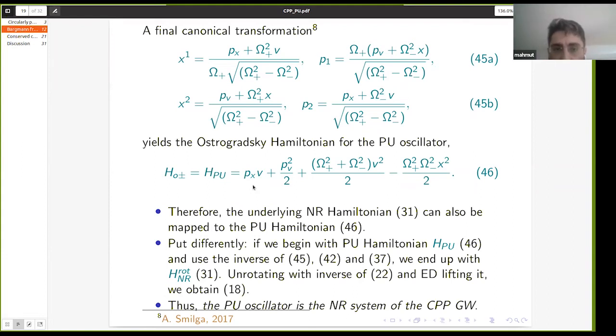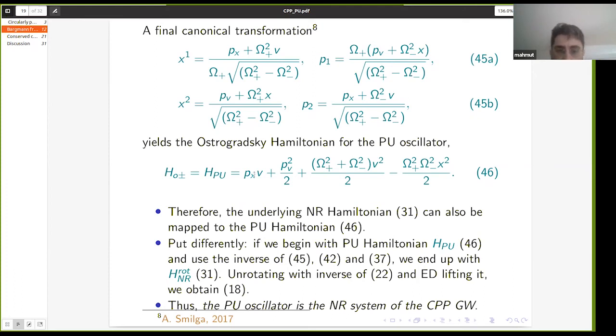And now you see that this is linear in momenta, therefore it is not positive definite. So these are all quadratic in coordinates, but there is a term which is very generic for any higher order theory. It is linear in momenta and velocity. So therefore it is not positive definite.